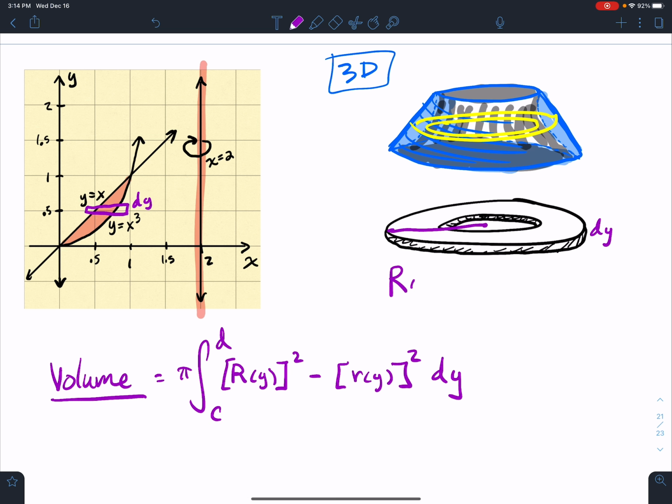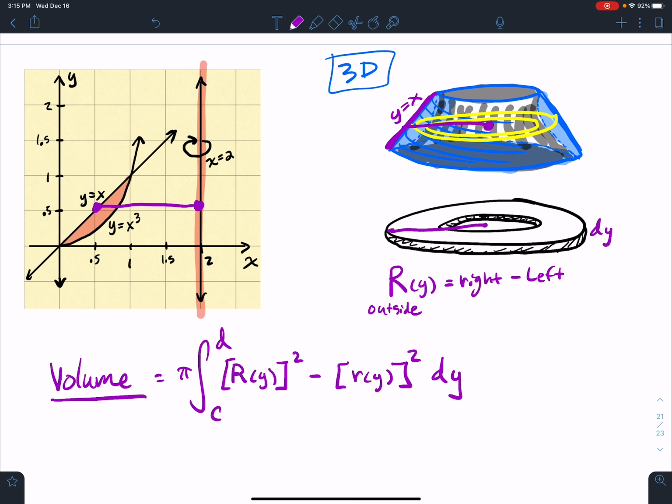So how do I get the big radius? The big radius, also known as the outside radius, is the distance from the axis we're rotating about to the outside layer. So the outside layer here is that straight line looking thing, y equal x. So that distance, remember to get this, it's right minus left.